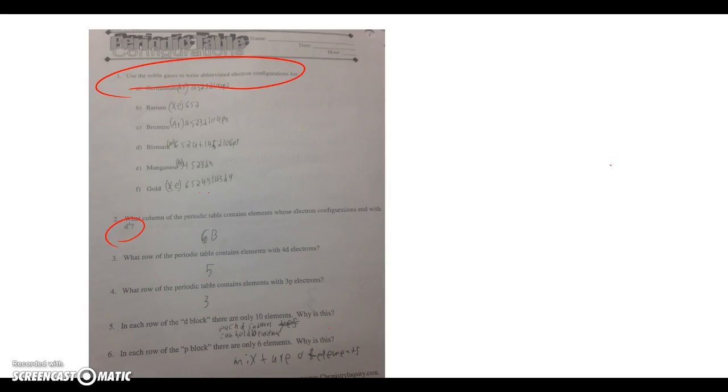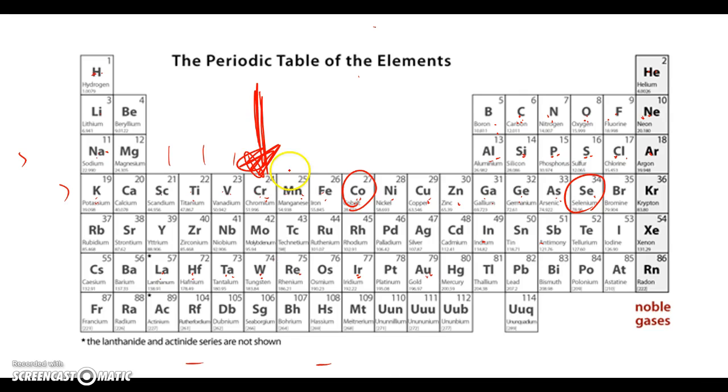And then it says, I think this is just the same question. What row of the periodic table contains elements with 4d electrons? We said that the D's are always the period -1, didn't we? So this is 1, 2, 3, 4, 5. These are the 4d's, so it is in row 5. So you had that right.